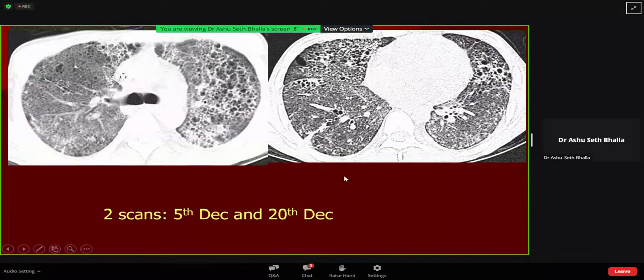So this is what it looked like in an intervening period of 2 weeks after patient had been immune suppressed. So this was anti-GBM disease, or previously called Goodpasture syndrome.